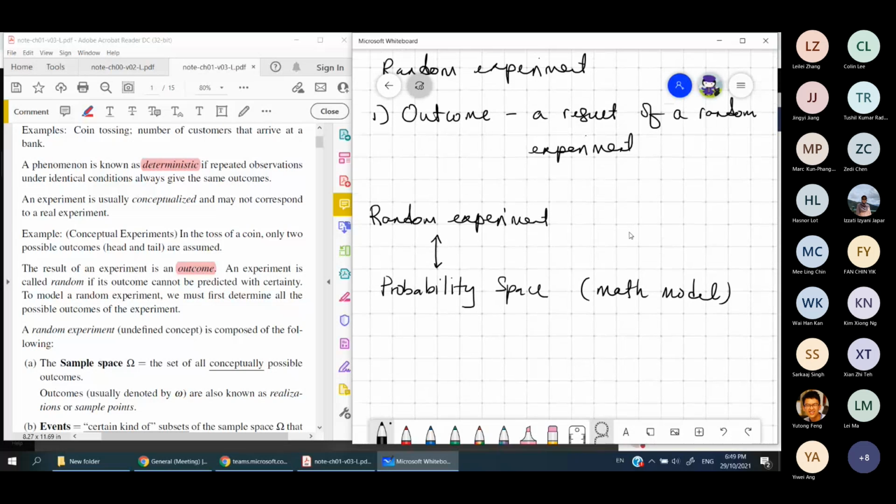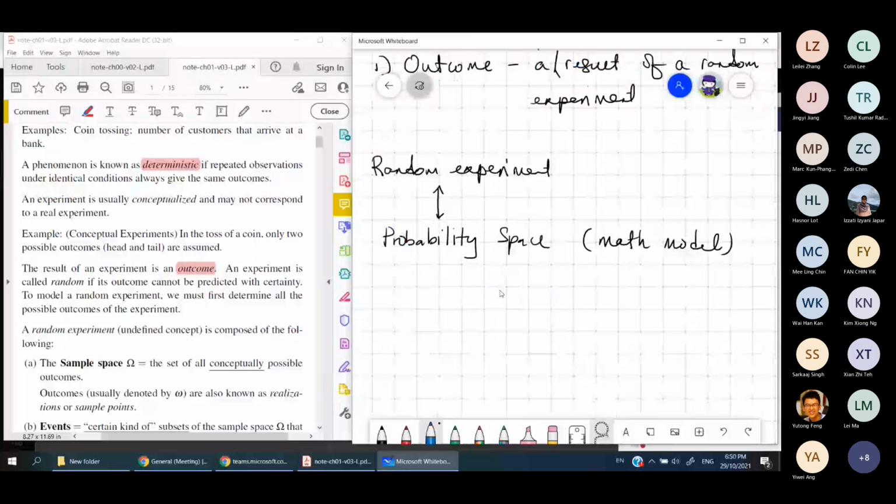Then we have to know what the elements of this probability space are. The main thing will be the outcome, one possible result of a random experiment. Then we have three important elements.